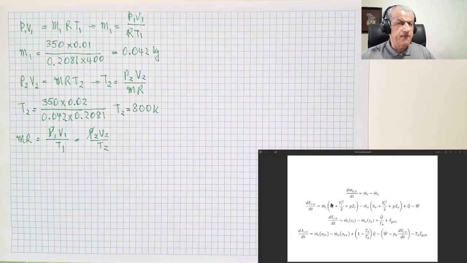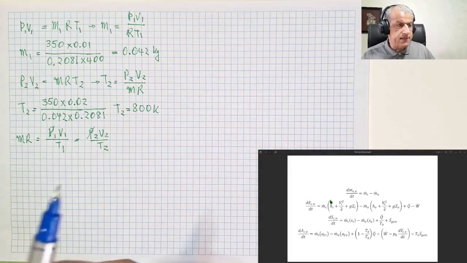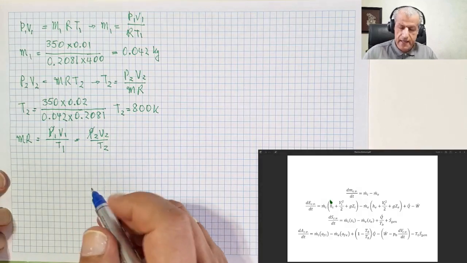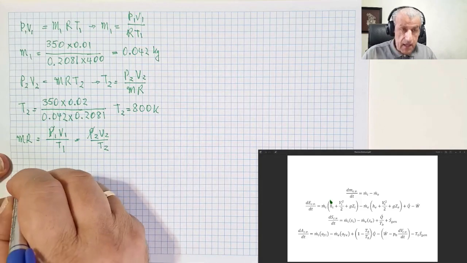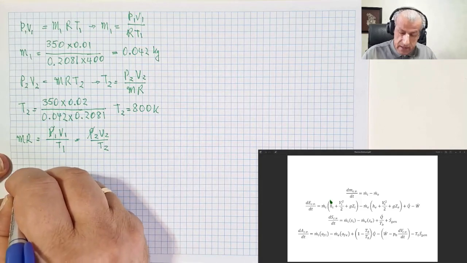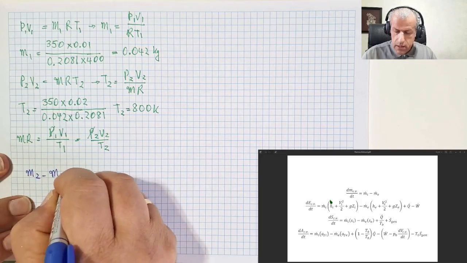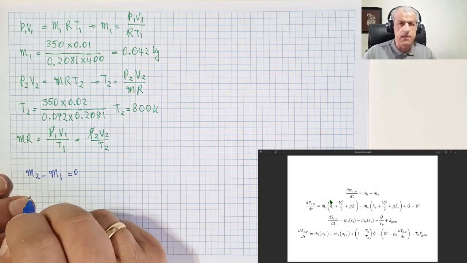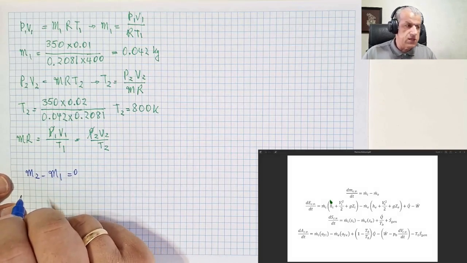Now, let's simplify these equations. For the mass conservation law, the left-hand side is integrated and remains, so it is M2 minus M1 equals 0. We basically integrated between initial and final conditions.